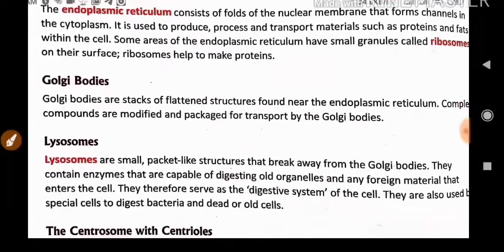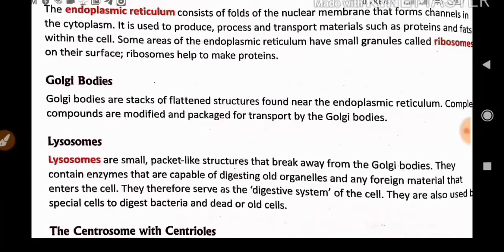Golgi bodies are a stack of flattened structures found near the endoplasmic reticulum. Complex compounds are modified and packaged for transport by Golgi bodies. So these are mainly the transport organelle of the cell.